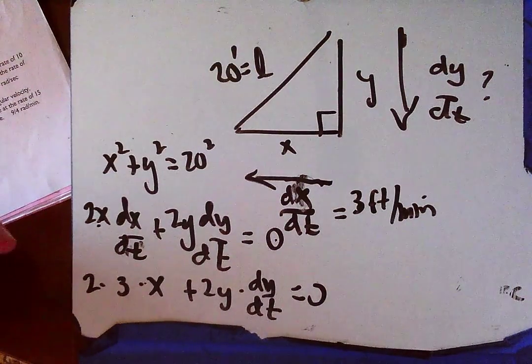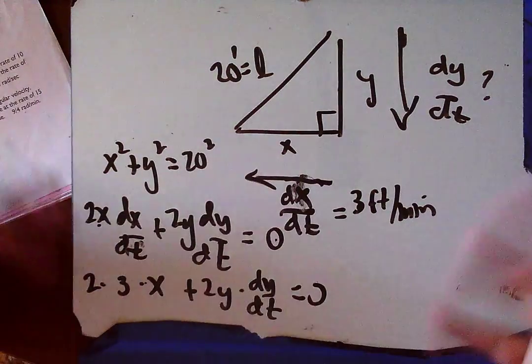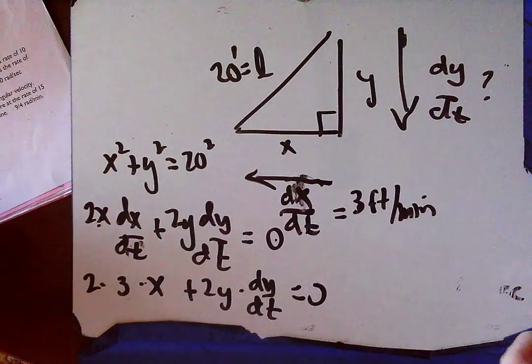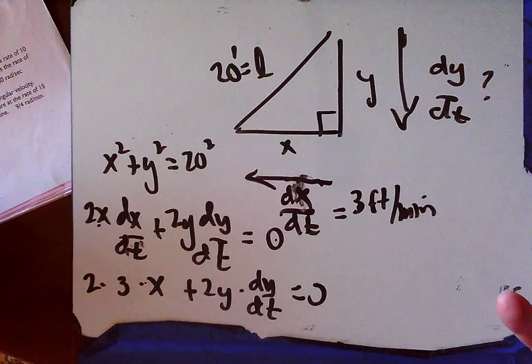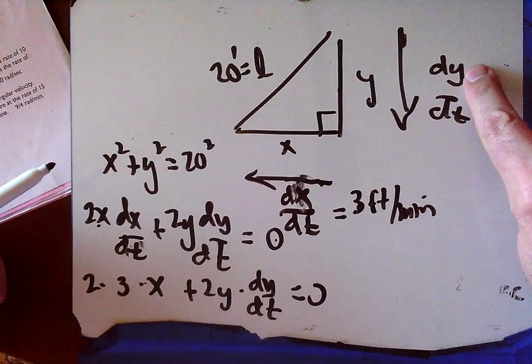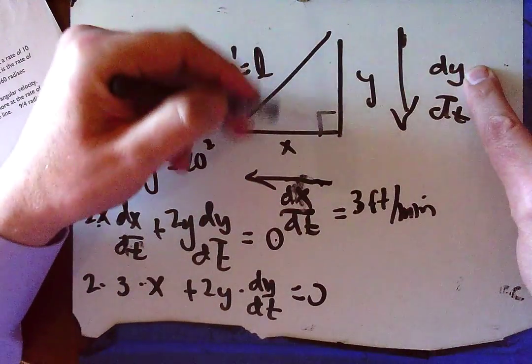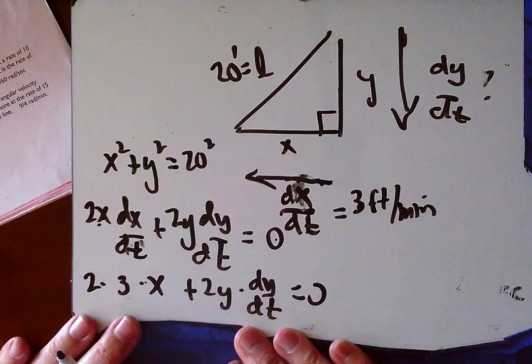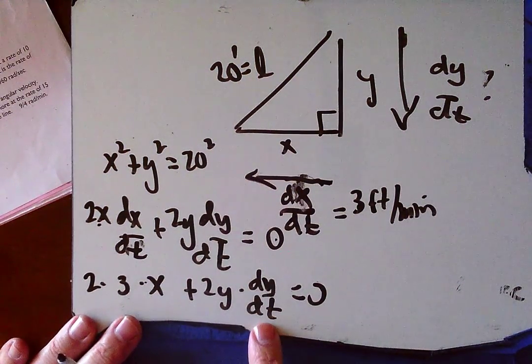And the answer is no, we don't have more. That's all we've got. But what did the directions say? They just wanted us to say what velocity is. And my velocity is this rate of change in this distance with respect to time. So really all they want me to do is get this far and then get dy dt by itself.